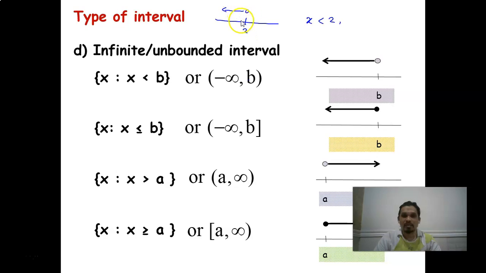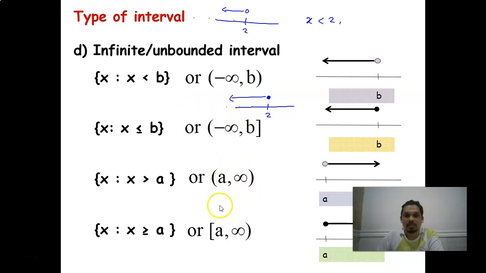So to the left it begins with 2, 1, 0, negative 1, negative 2, until negative infinity. And then what about this one here, less than or equal to b? So then 2 here. This does not include 2, so it begins with 1, 0, and so on. And this one begins with 2, so 2, 1, 0, negative 1, and so on.